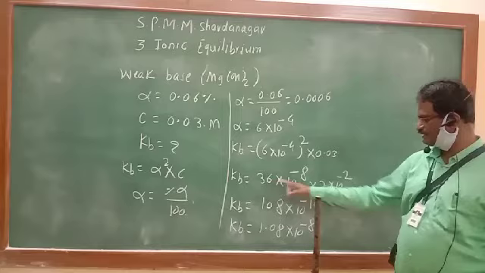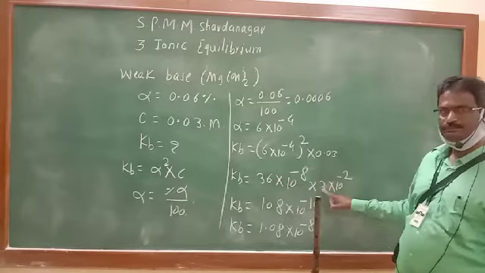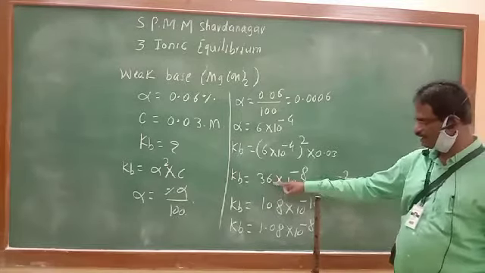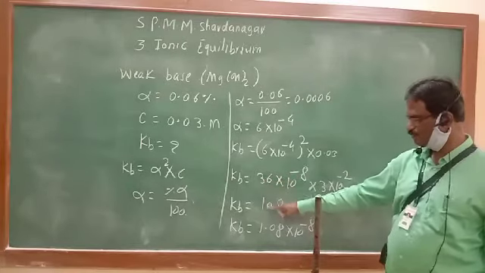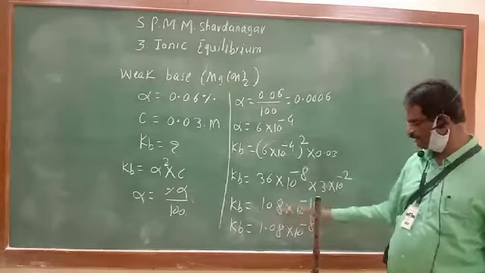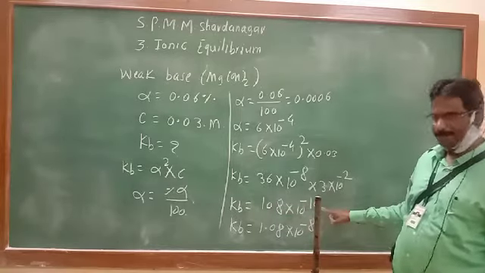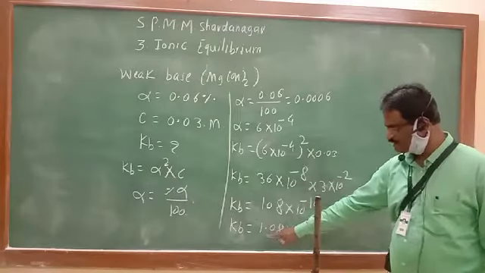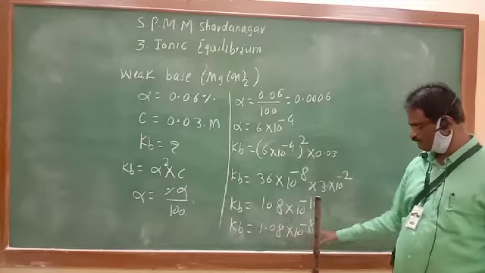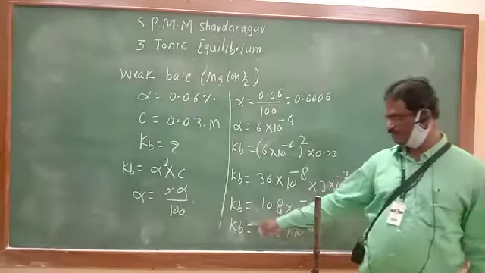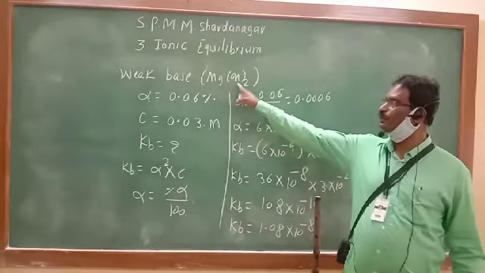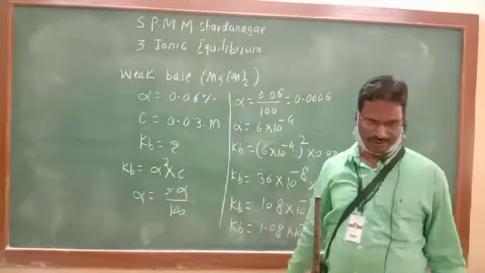Multiplying 36 by 3, we get 108 into 10 raised to minus 10. This can also be written as 1.08 into 10 raised to minus 8. This is the dissociation constant of that given weak base, magnesium hydroxide.